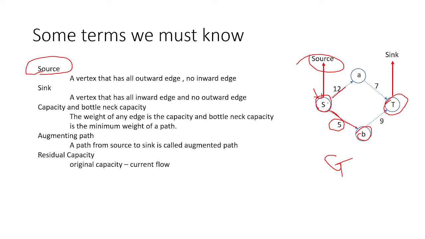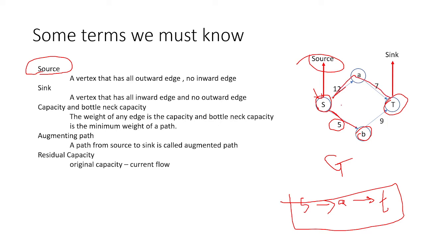The path we can consider as S to A and A to T. For this path, the minimum weight is 7. So this is the bottleneck capacity. An augmented path: if there exists a path from source to sink, the path is called an augmented path.